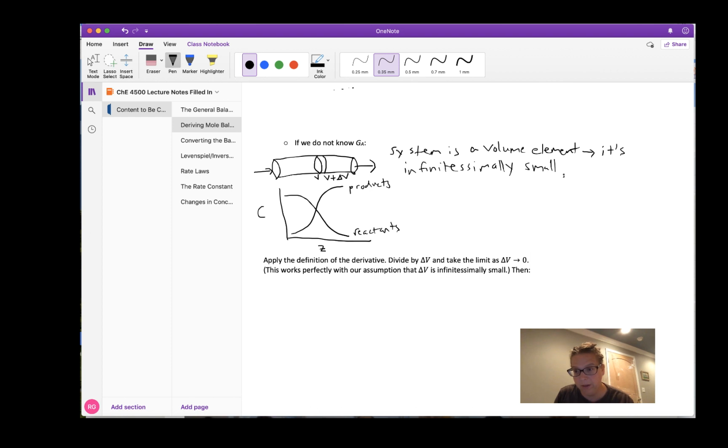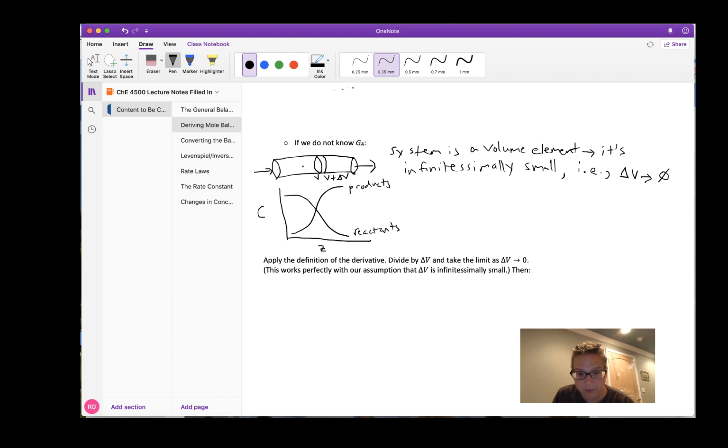So in other words, which means that delta V is approaching 0. So it's very small. So this is the system I'm going to use. This infinitesimally small volume slice is what I'm going to write my balance on.